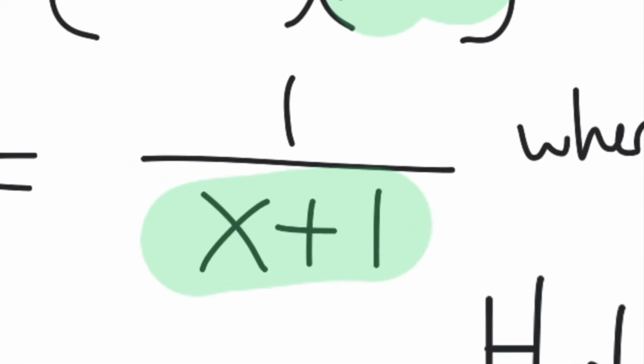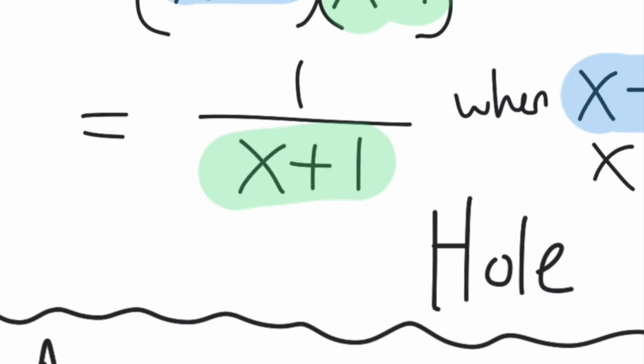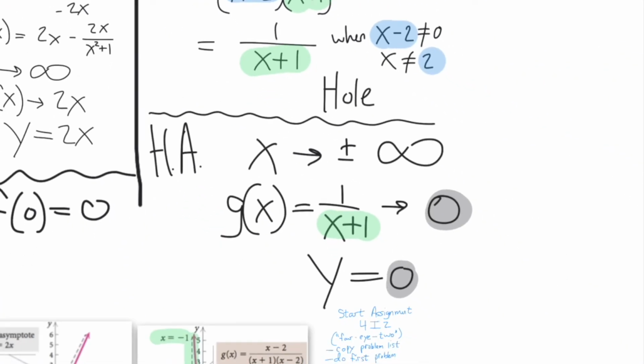However, this rational function is a lot easier to graph because we have a horizontal asymptote as x goes to positive infinity and as x goes to negative infinity, both of these go to 0, because the degree of x is 1 in the bottom.